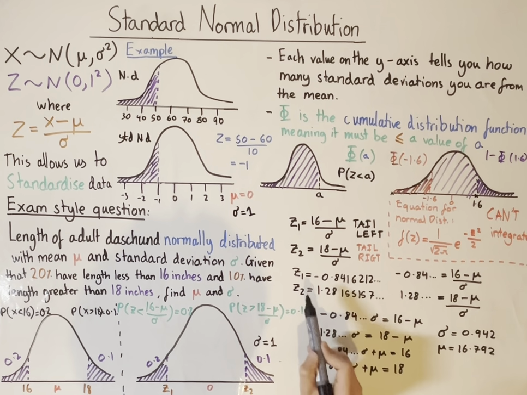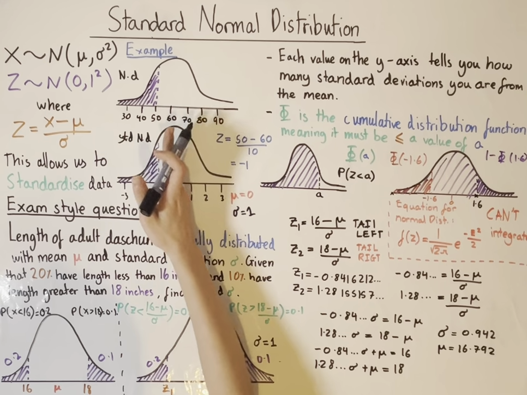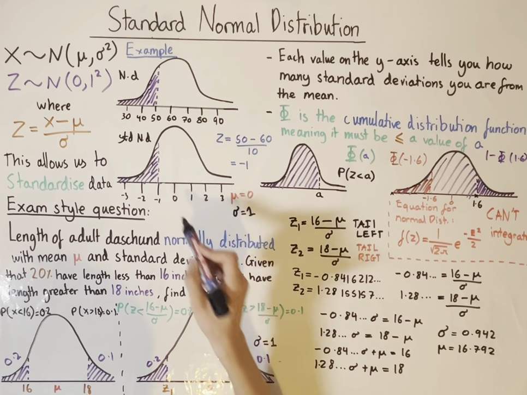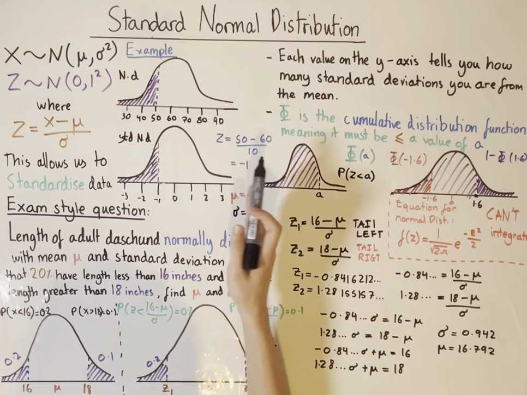And then for our z1 and z2, if z1 is to the left of the mean, this means it takes on a negative value, because if you look here, all these values take on negative values. And if z2 is above the mean, it always takes on positive values.